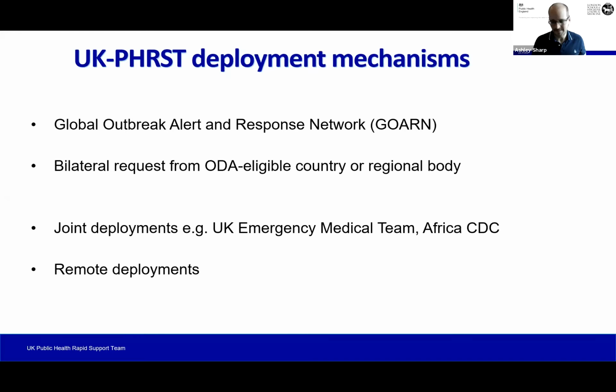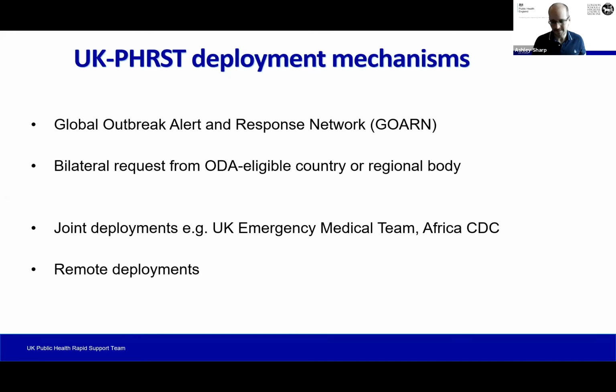And this is a picture of our deployments since the beginning, since 2017. This map's not quite complete because it's constantly evolving, but you can see an idea of what we've been involved with. Nigeria: meningitis, Lassa fever, COVID-19. Sierra Leone: waterborne disease surveillance, post-emergency.